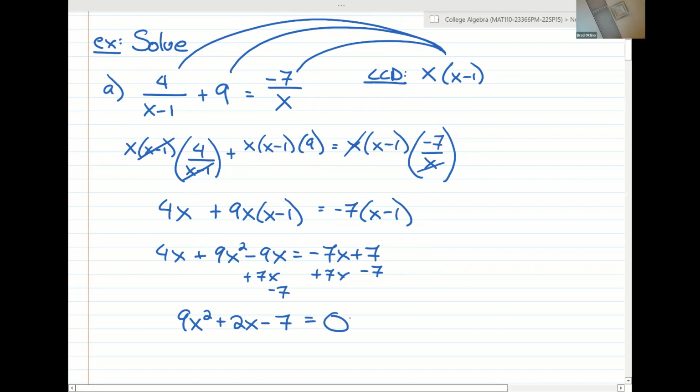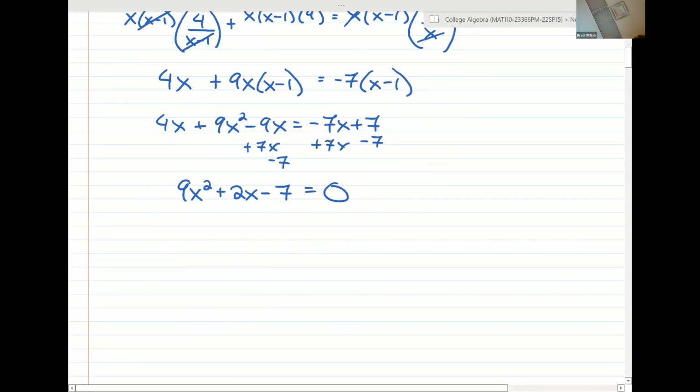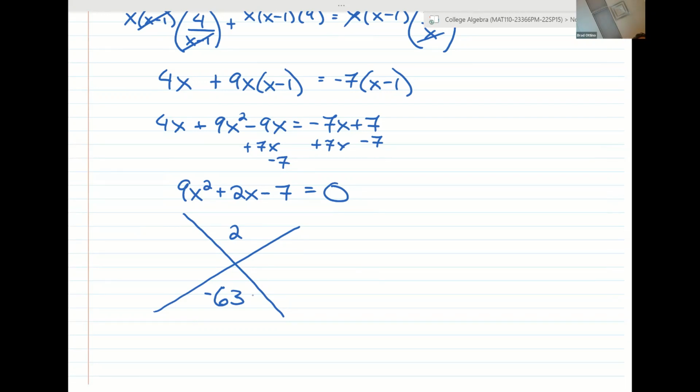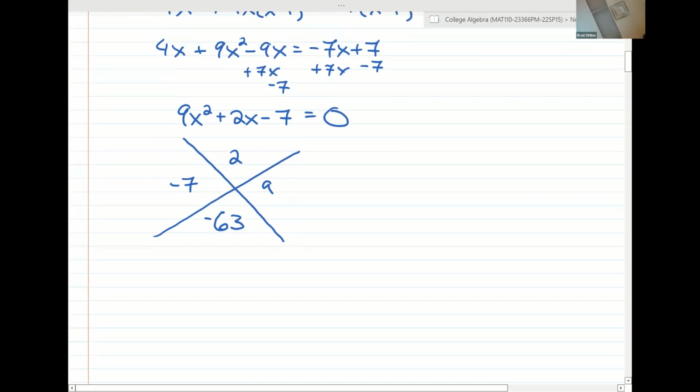So the next question is we have to factor. What numbers multiply to be 9 times negative 7, which is negative 63, and add up to be 2? Negative 7 and 9. Yeah. Go ahead and finish this. We just get 9x squared minus 7x plus 9x minus 7 is equal to 0.